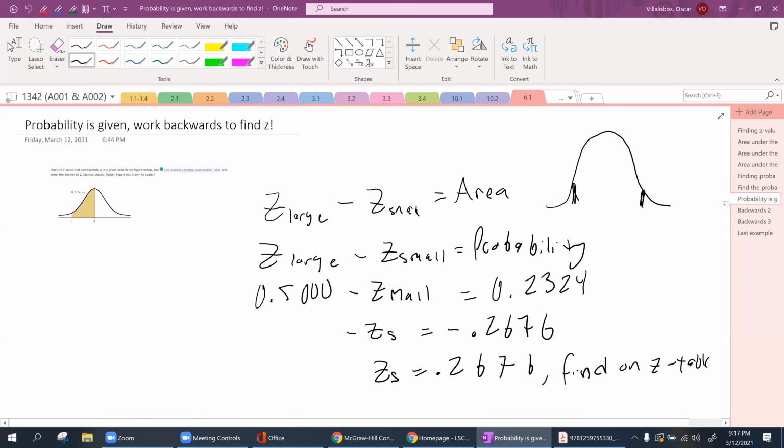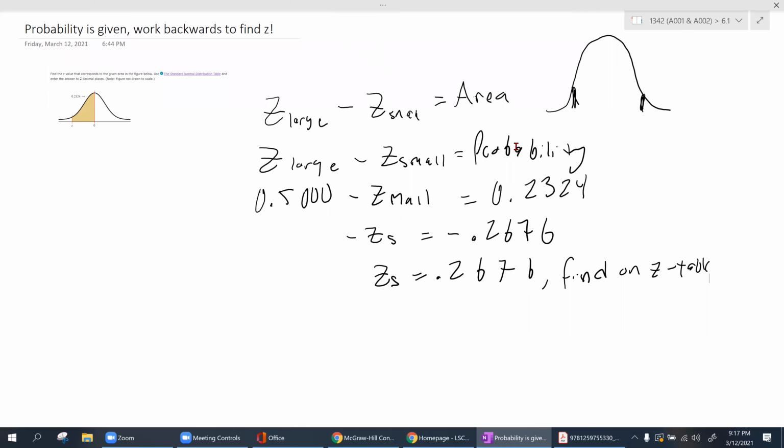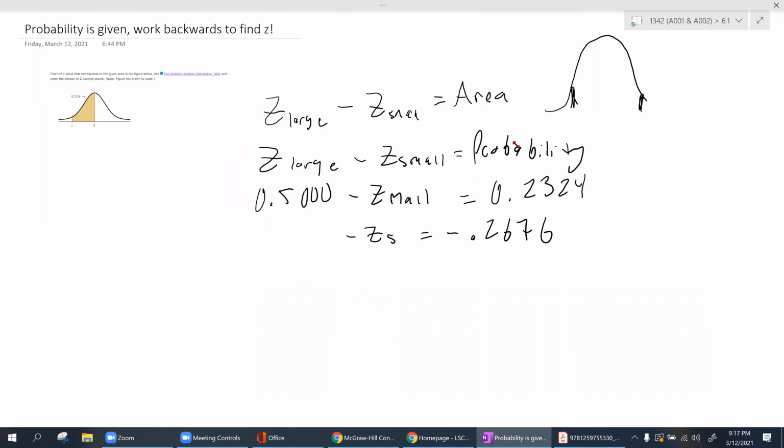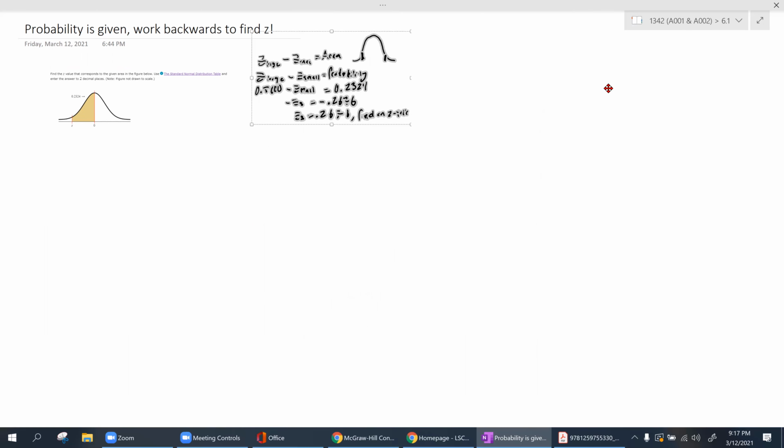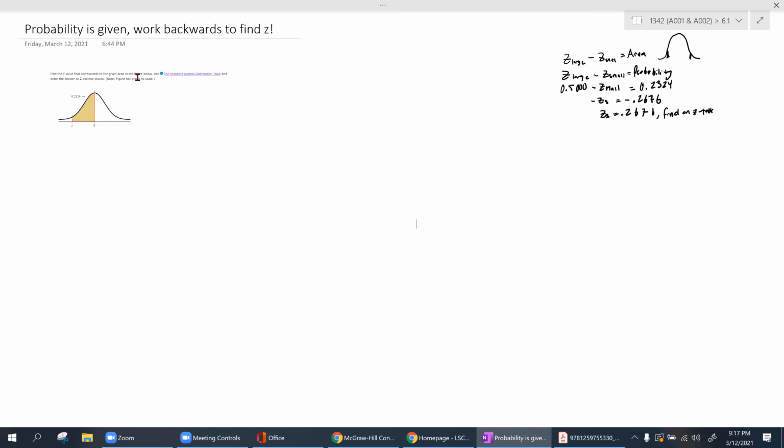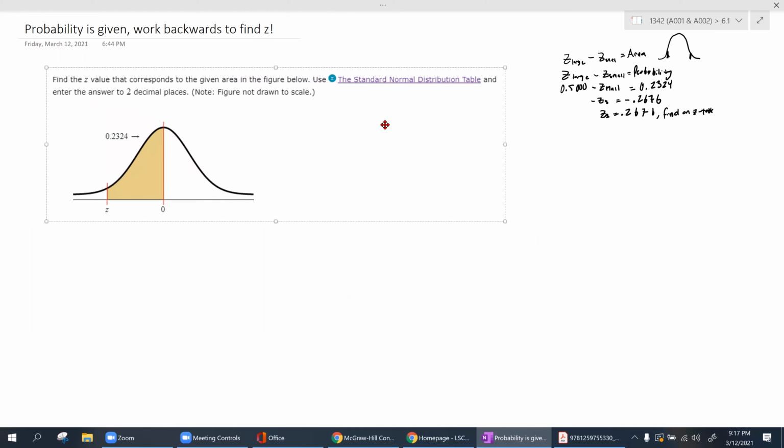All right, so, my notes here. Okay, let's make these a little bit smaller. So the question here says, now the probability is going to be given to you, and you're going to have to work backwards and find that z value.